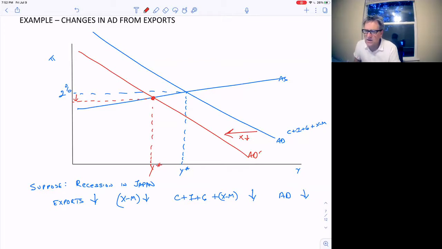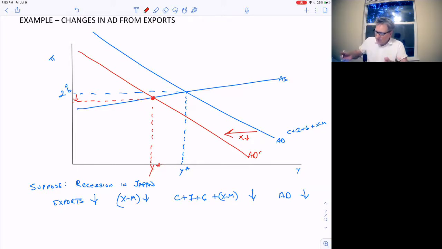This model makes it look like they happen at the same time. Most likely, output adjusts much quicker than the inflation rate. So we might see output, GDP, dropping fairly quickly. It may take a little time for the prices to fall. But this model, the way it looks like they both happen at the same time, is probably incorrect.